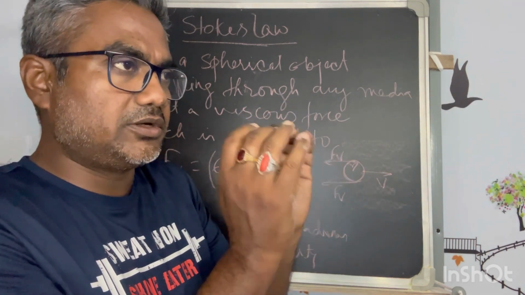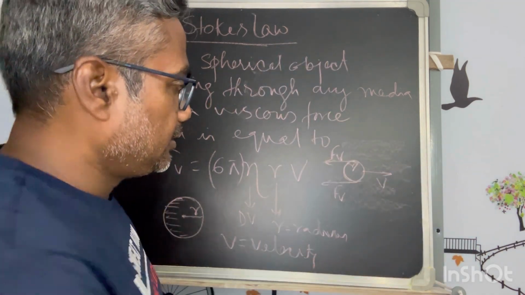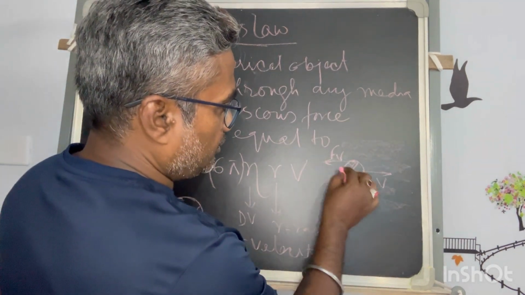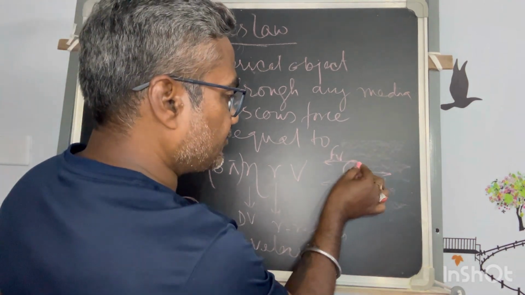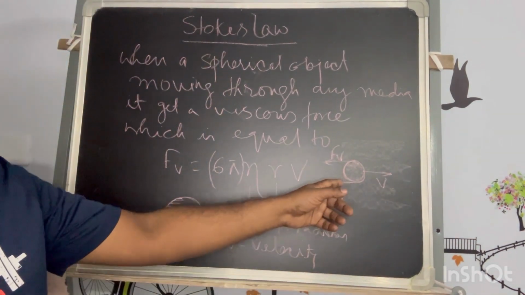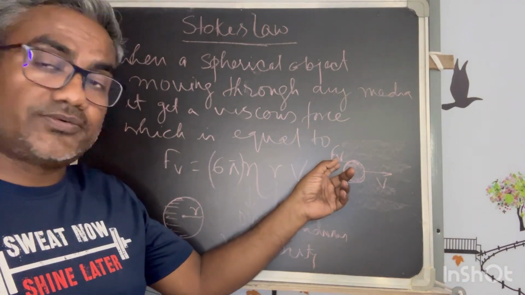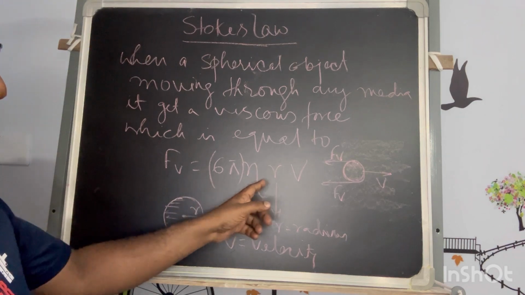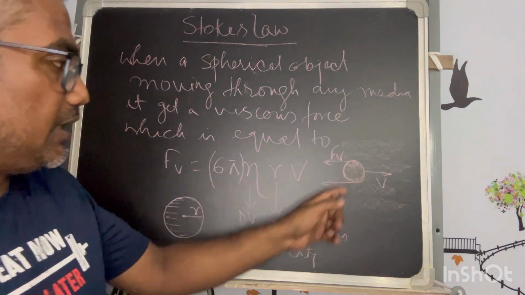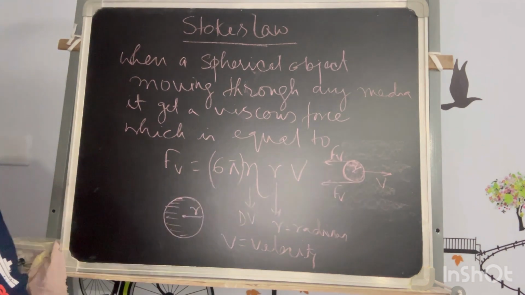So you can think of the ball as being completely submerged in air, and the force is applied on the whole surface of the ball. So it is getting a viscous force, which has this value, where r is the radius of the body. So it must be a spherical body.